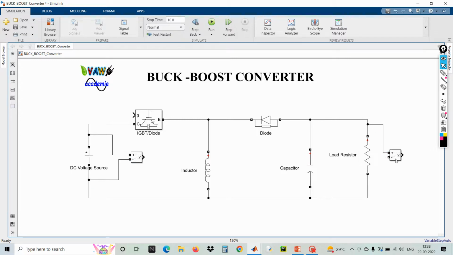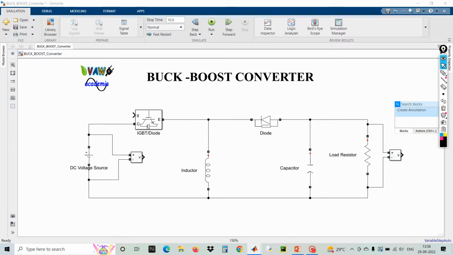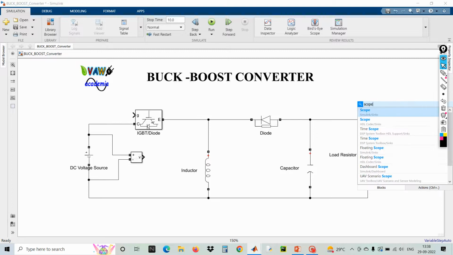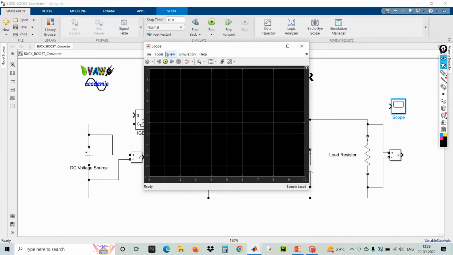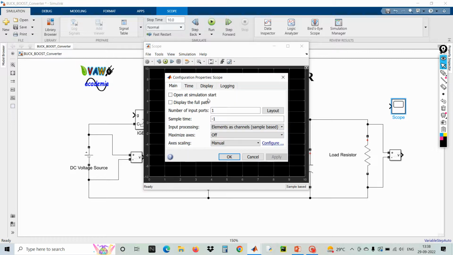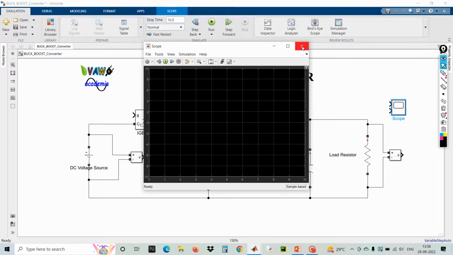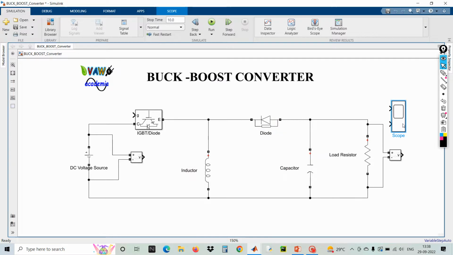Similarly here, and I want to compare, so I need a scope with two input terminals. Make it as 2. Okay, before connecting, I want to tell you one important thing regarding this buck boost converter.